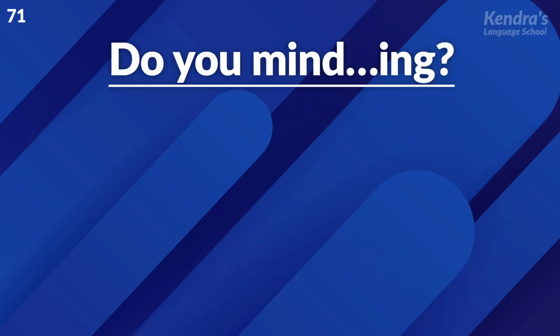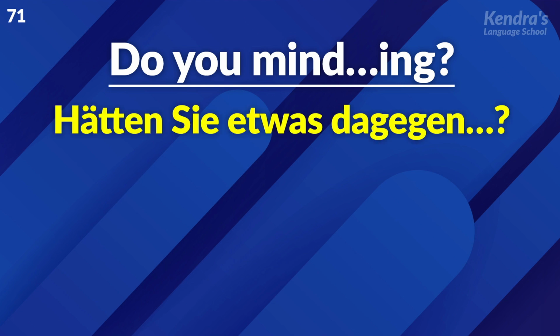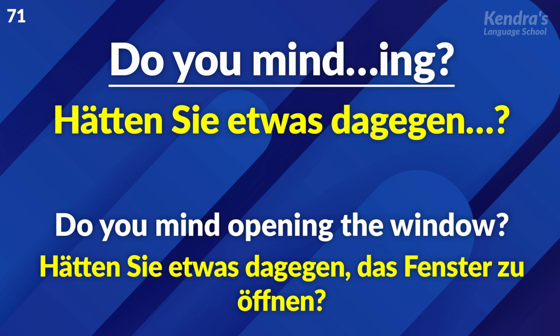Do you mind, -ing? Hätten Sie etwas dagegen? Wird verwendet, um höflich um Erlaubnis zu bitten oder nach Präferenzen zu fragen. Hätten Sie etwas dagegen, das Fenster zu öffnen? Do you mind opening the window?